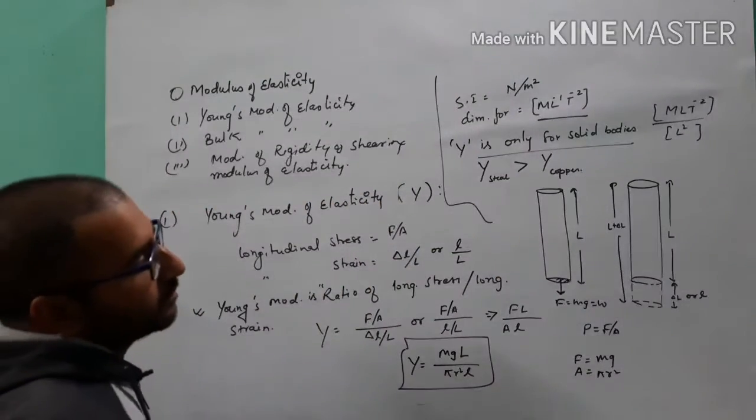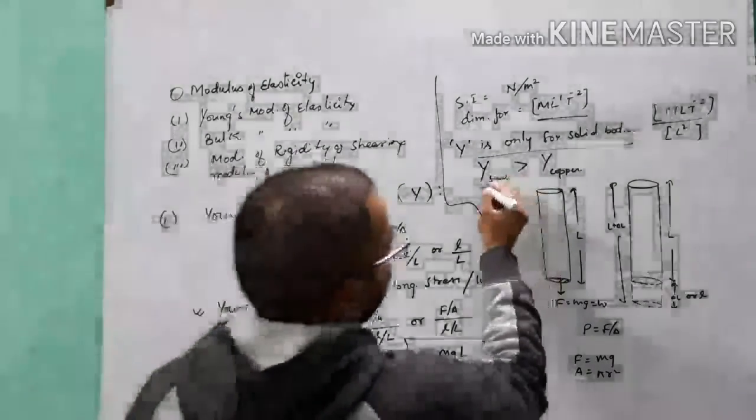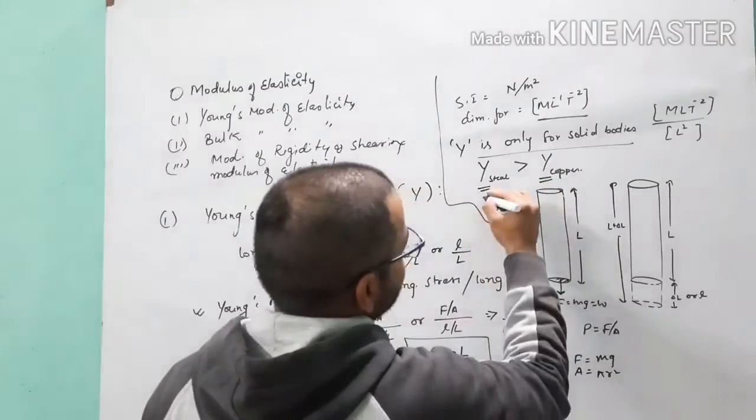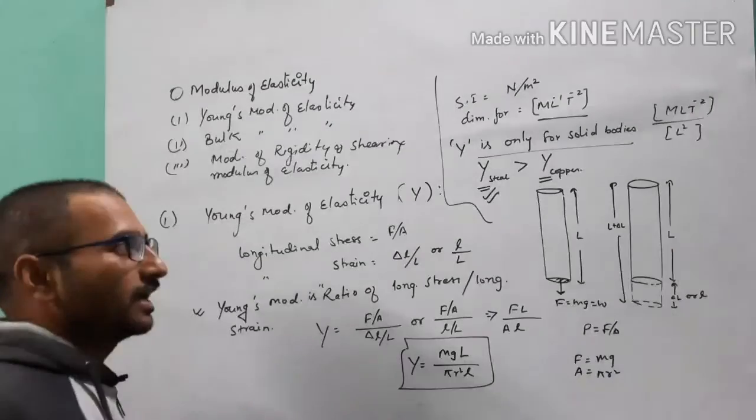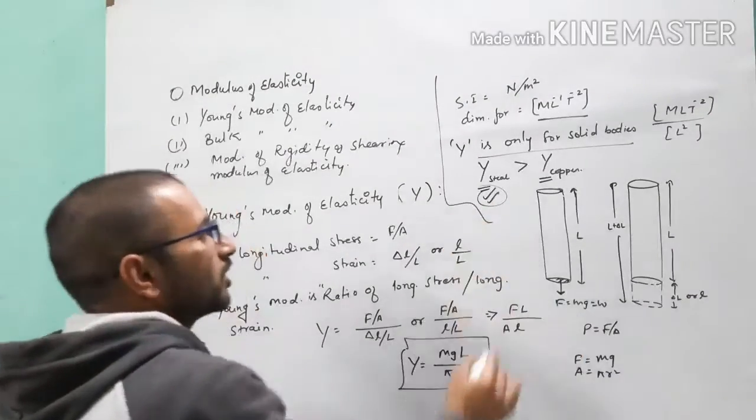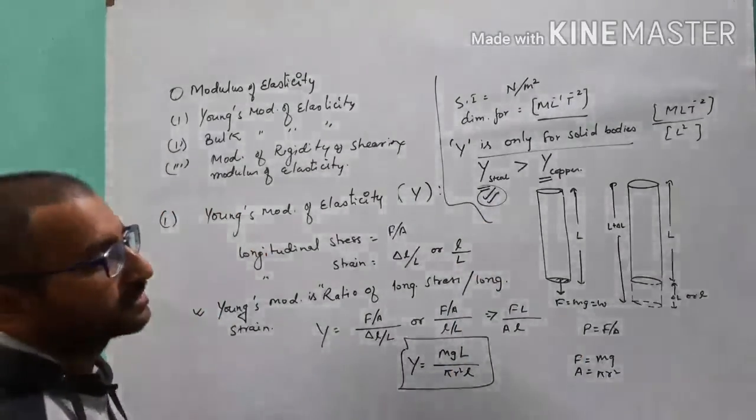And the next point is that if a body has a larger modulus of elasticity or Young's modulus, it implies that the body has larger elasticity.